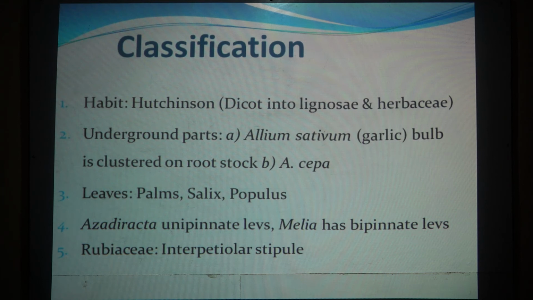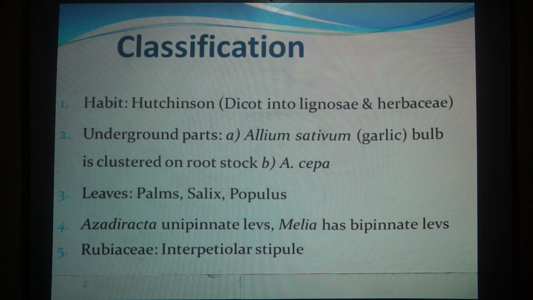For example, Hutchinson classified plants into two groups, woody and herbaceous. Woody and herbaceous characters among plants were used in his classification. He separated dicots into two groups, woody plants as Lignosae and herbaceous plants as Herbaceae.